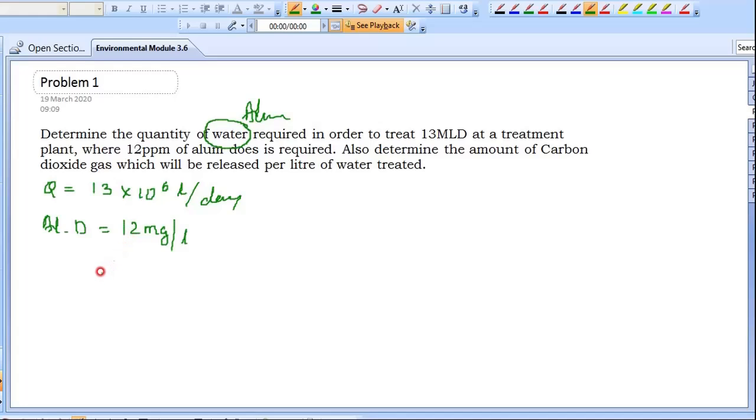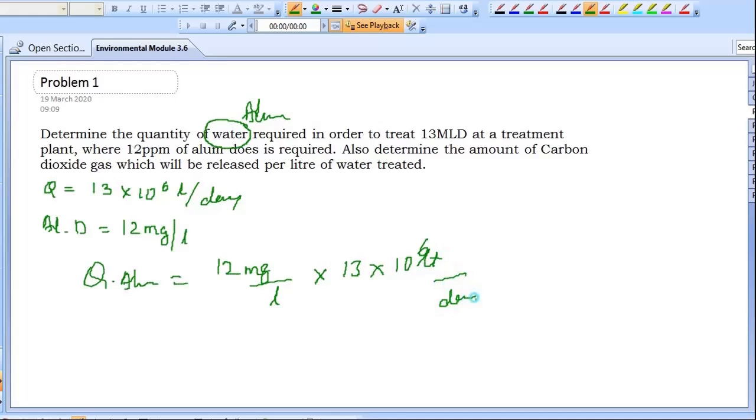It's very easy. Quantity of alum equals, see here, it says that 12 milligram is required per 1 liter. For every 1 liter, 12 milligram is required. Then how many liters do you have? 13 into 10 raised to 6 liters per day.